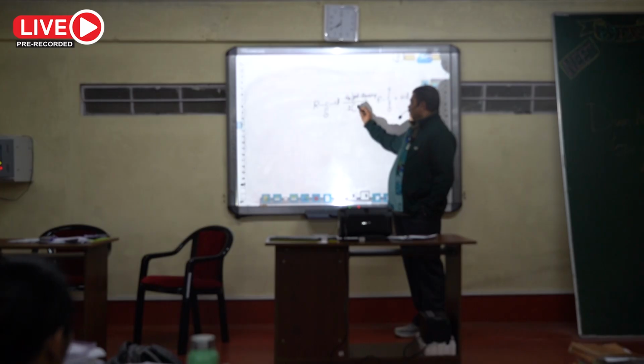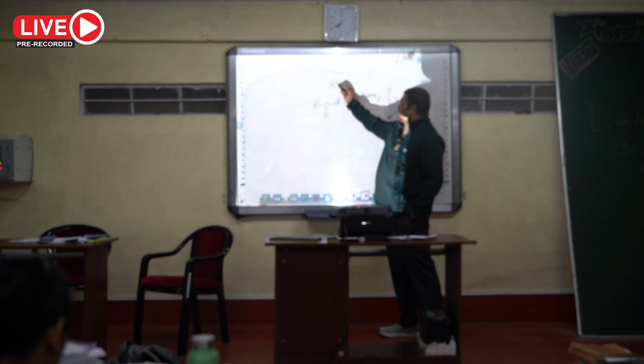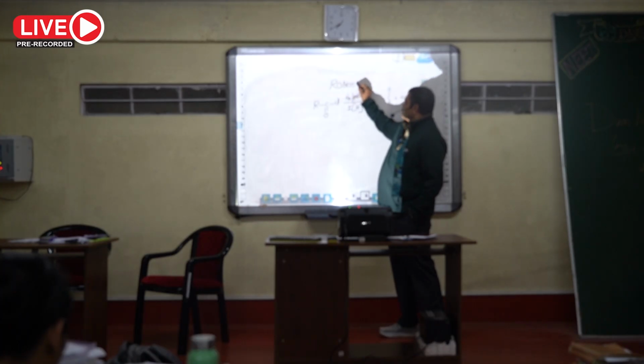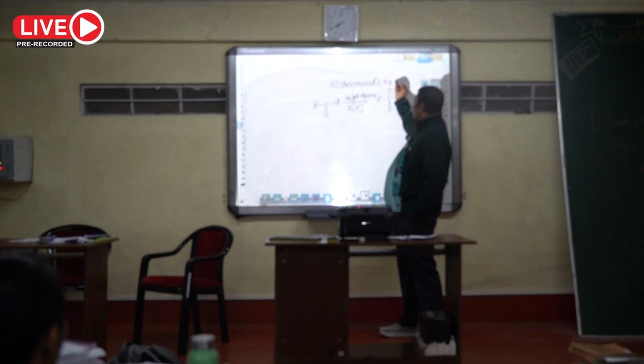So here 2H are involved. This is called Rosenmund's reduction.